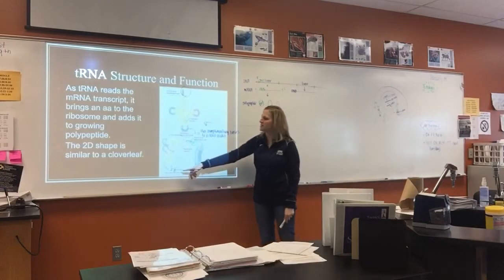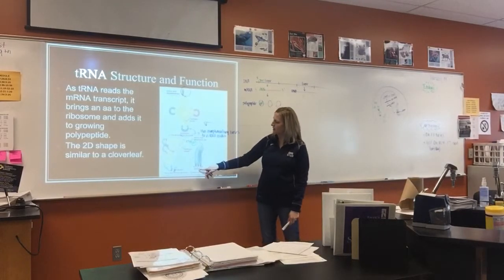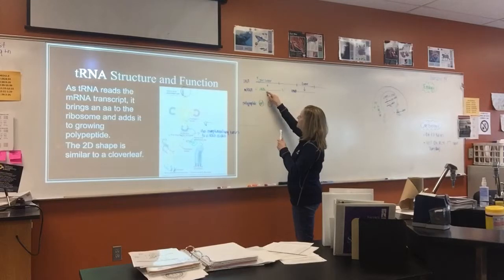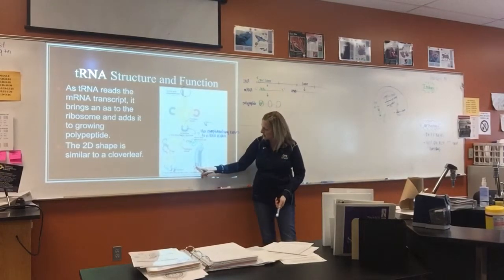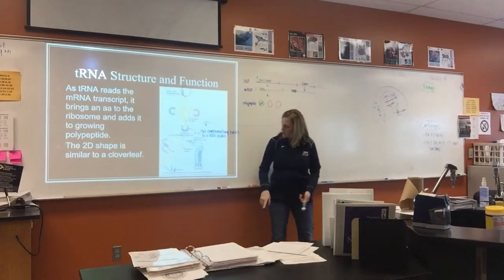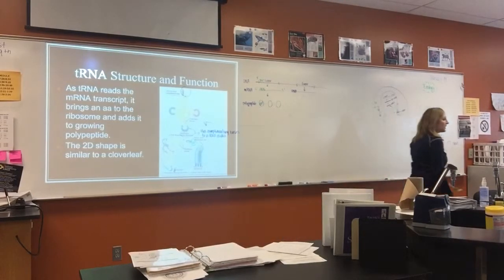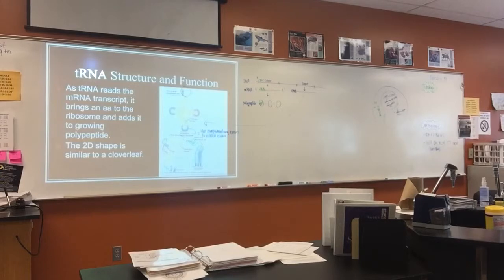So then let's look at this. Let's say the second codon, let's say this tRNA molecule has AAG as the anticodon. What I'd like you to do is to figure out what amino acid this tRNA would bind to and bring to build a protein.